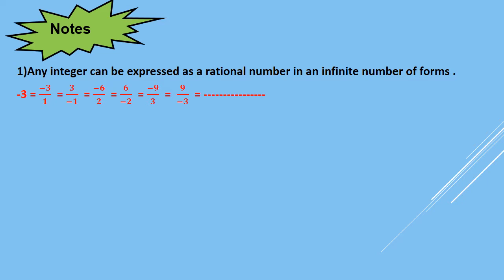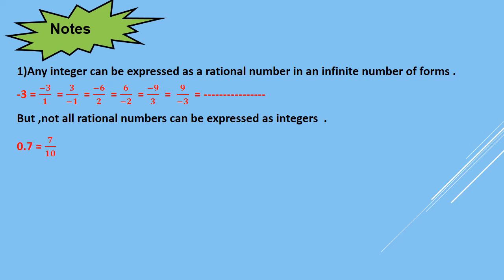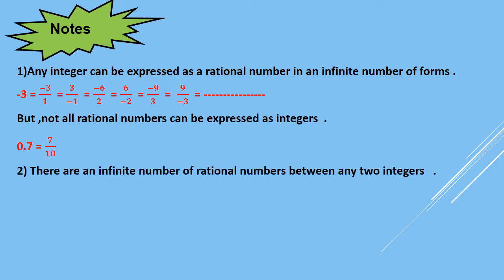Or 6 over -2, and so on. But not all rational numbers can be expressed as integers. Be careful. For example, 2 over 3 is rational and not an integer. 0.7 equals 7 over 10. 7 can't be divisible by 10, so it will be rational and not an integer.